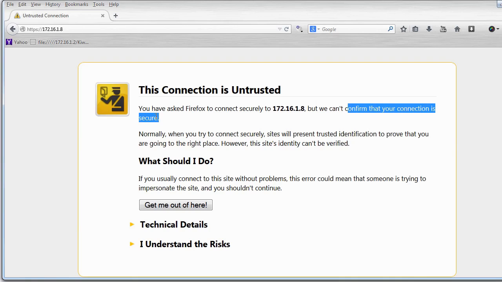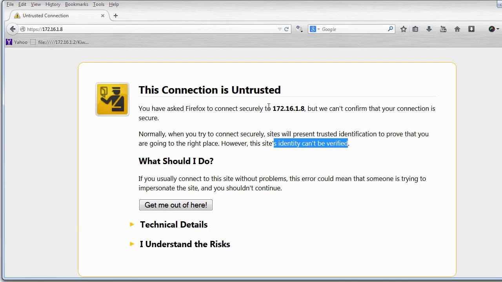And that is not a perfect sentence, because what do you mean it's not secure? It's not going to be encrypted? No. That's why we have some problems, or Firefox is not going to trust because we cannot verify the identity.